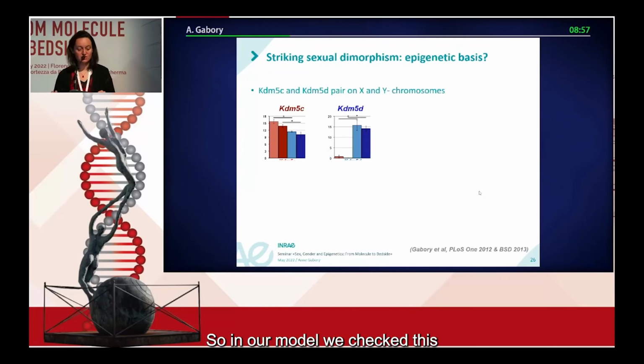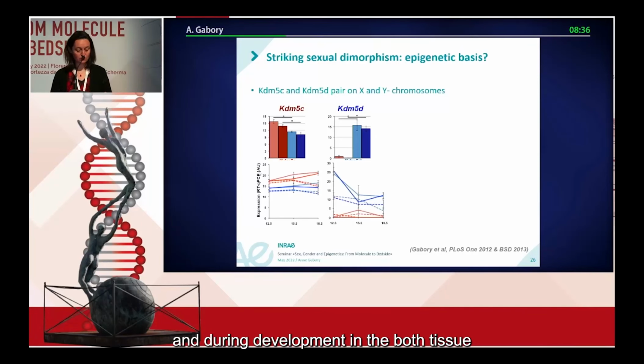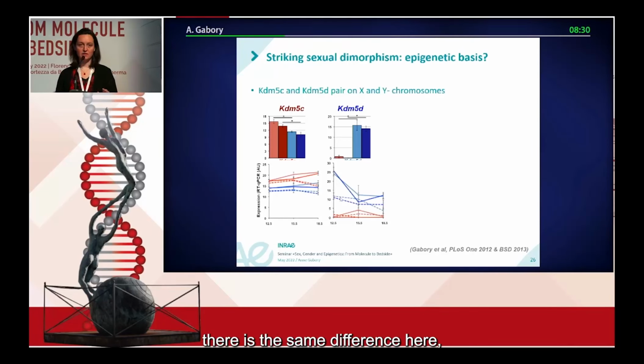So in our model, we checked this gene pair, KDM5C and 5D, and we noticed that indeed in placenta, KDM5C is always more expressed in females than in males, and KDM5D is restricted to male because it's on the Y chromosome. And during development, in both tissues and all along the development, there is the same difference.